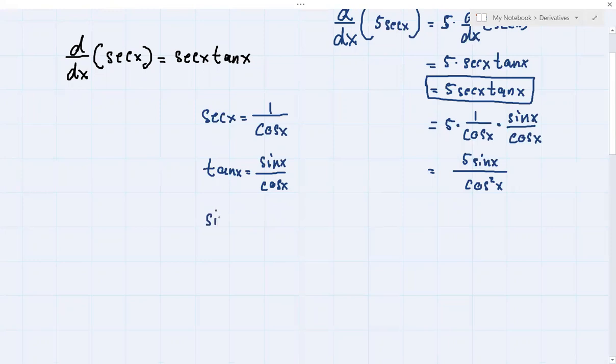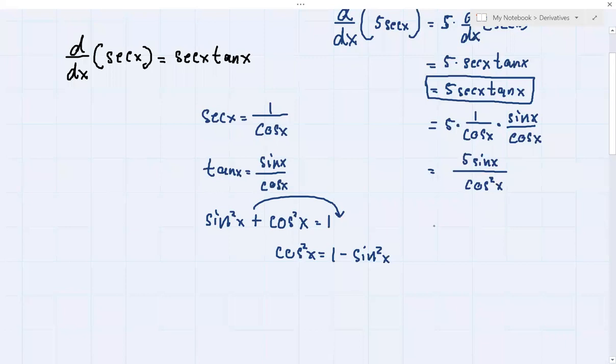Okay? Remember yung Pythagorean identity na sinulat ko, which is sine squared of x plus cosine squared of x is equal to 1. So kung ilagay mo si sine squared of x sa kanan, we have cosine squared x is equal to 1 minus sine squared of x.